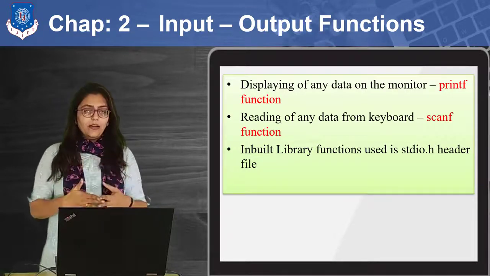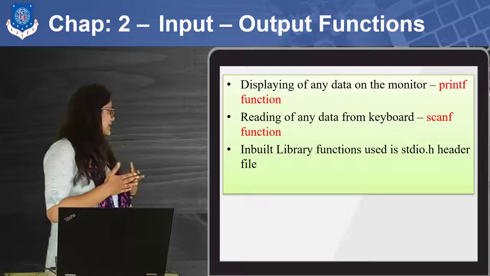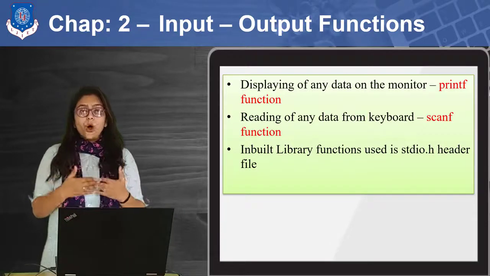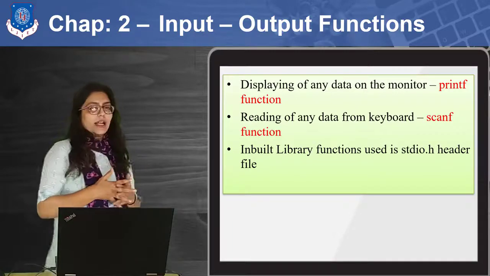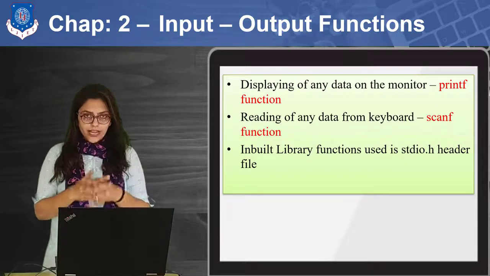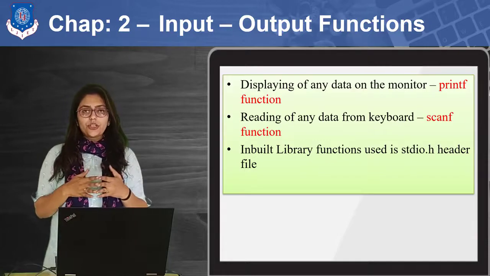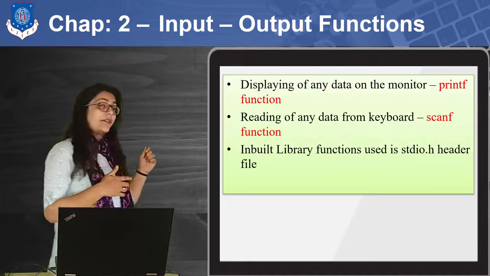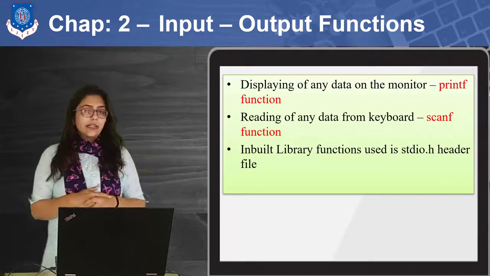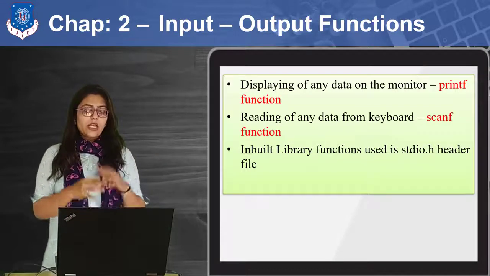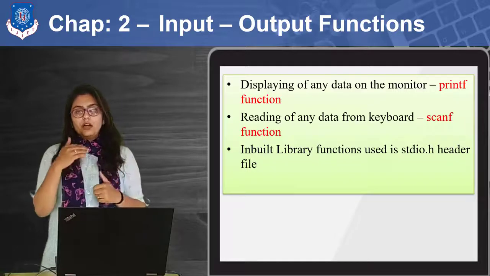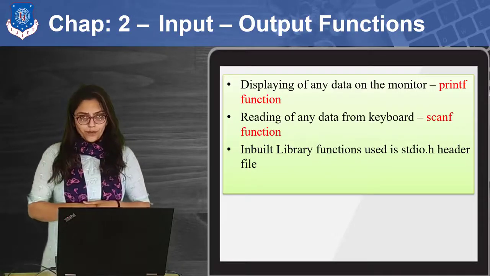Whenever our compiler encounters printf and scanf, what actions should be taken is defined in the header file stdio.h. So the definitions of printf and scanf are inside this header file. That's why it is compulsory to include this header file before starting our program.